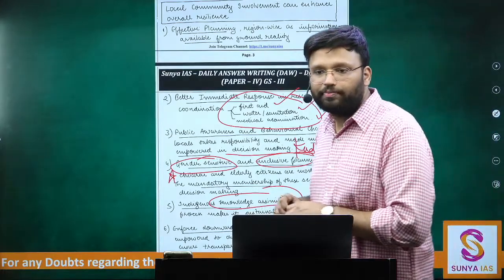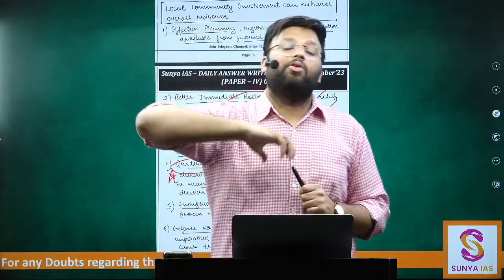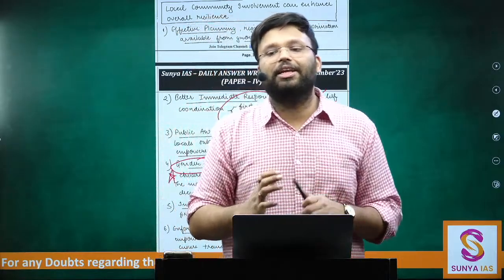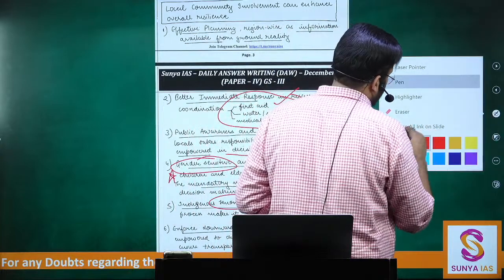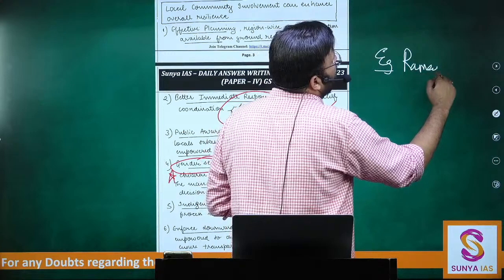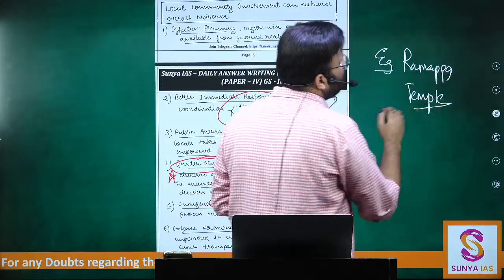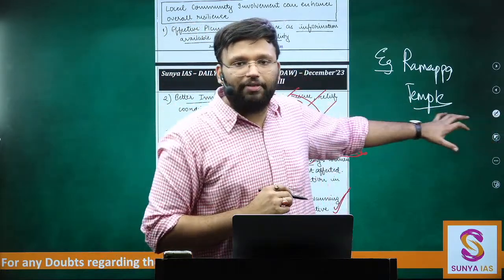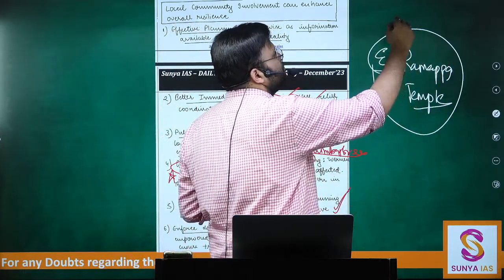So how? Here you can give the example that when it comes to disaster management, the local people are best aware of the issues. What is the example for it? One example is the Ramappa temple. It is a very old temple, and it has also been included in the UNESCO list.